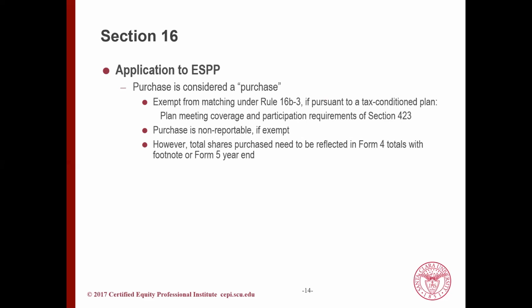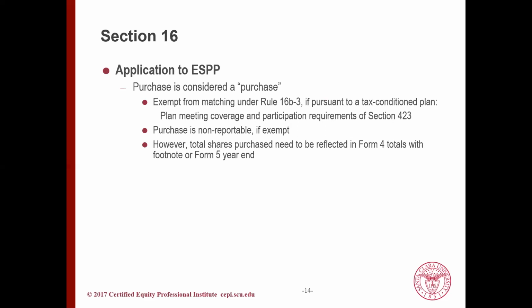It's like if you're ever at a party with a bunch of securities people, it's a fun trivia thing where if you have a Section 423 ESPP, when officers purchase shares through that ESPP, that purchase does not have to be reported on a Form 4. On the next Form 4, you just need to footnote that the total number of shares owned increased by X number of shares because they were purchased under a tax-qualified ESPP method.